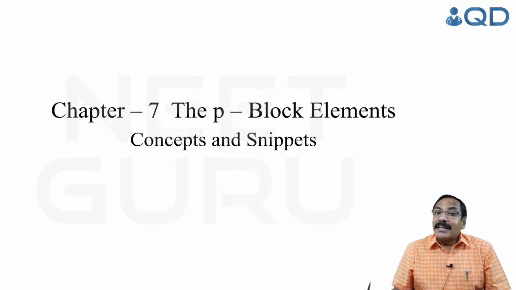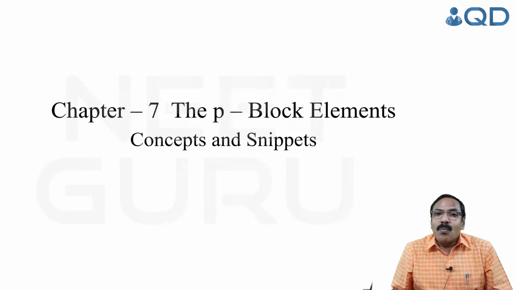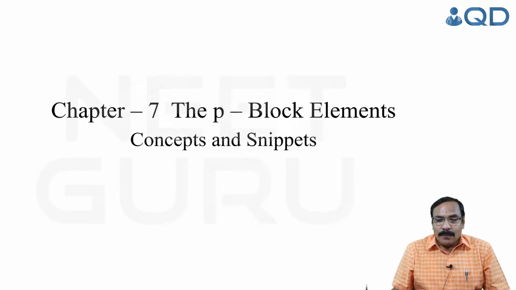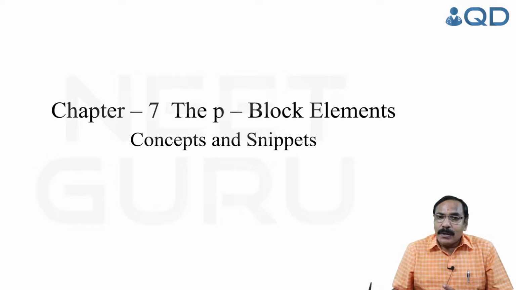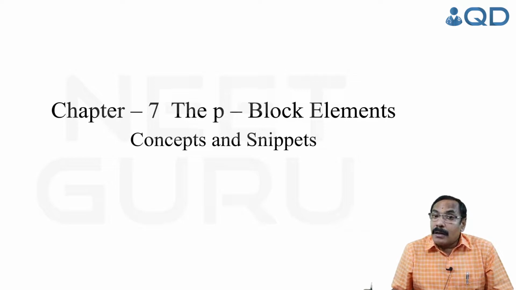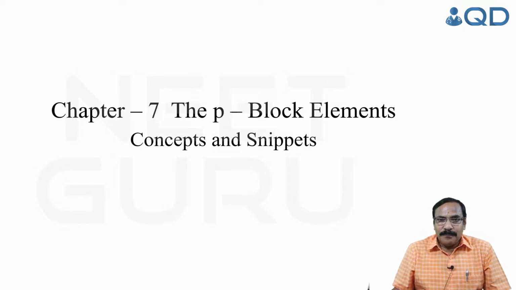But the chemistry of p block elements is widely influenced by the presence of d and f electrons in the inner core. I repeat, both the physical and chemical properties of p block elements are largely influenced by the presence of d and f electrons in the inner core.